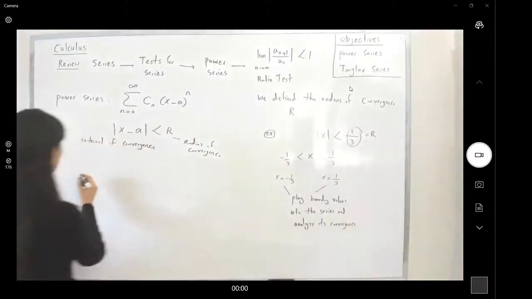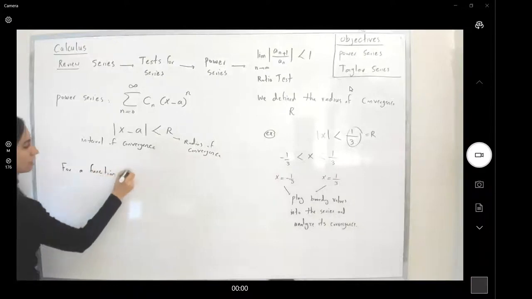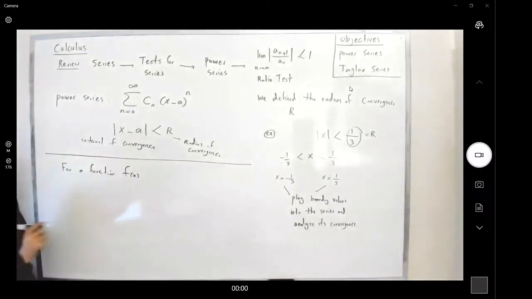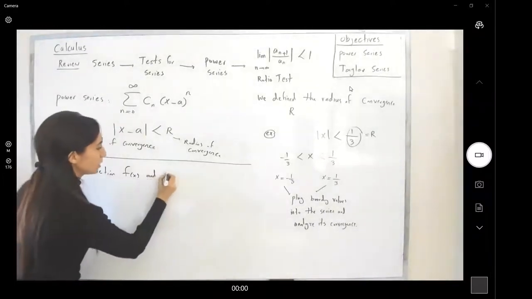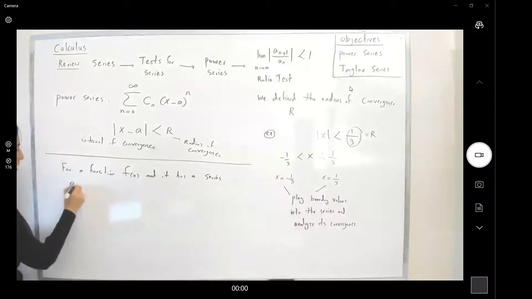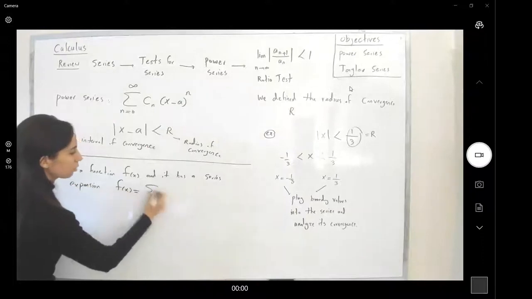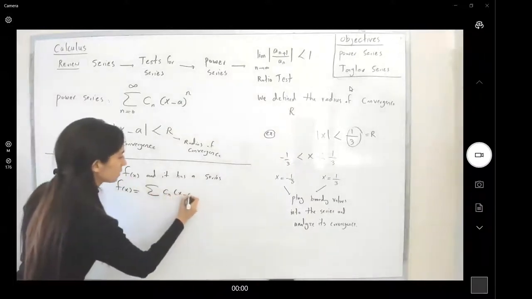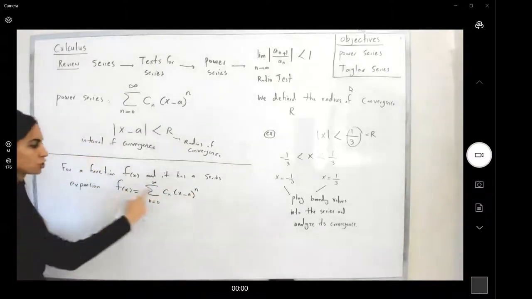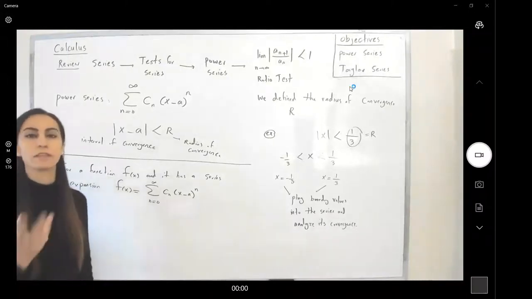Well, we also said that for a function like f of x, if we have a function like f of x, and it has a series expansion like this, f of x equals the sum of Cn times (x minus a) to the power n, starts from 0 to infinity, there is a connection between these coefficients, these numbers, and the derivatives of this function.